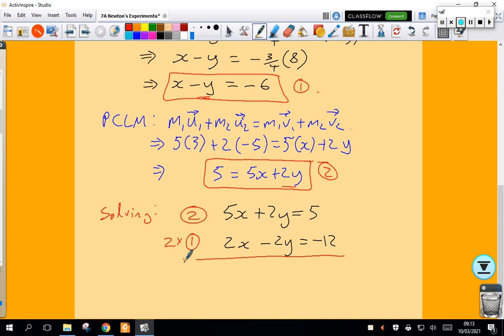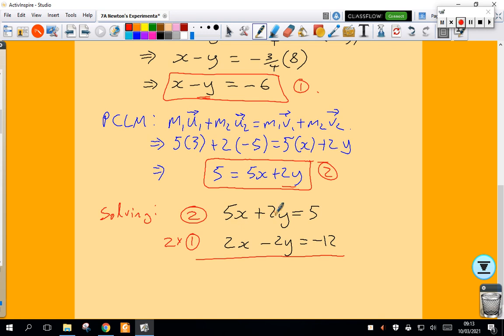Okay, so you can see the numbers of y's are the same in both equations. So I'm going to use either the addition or subtraction property, which will work. Well, it's the addition property here because adding 2y and negative 2y will give me 0y.